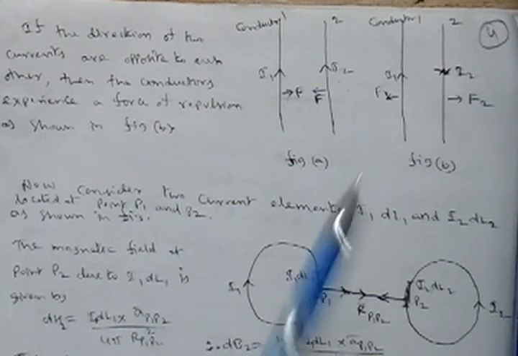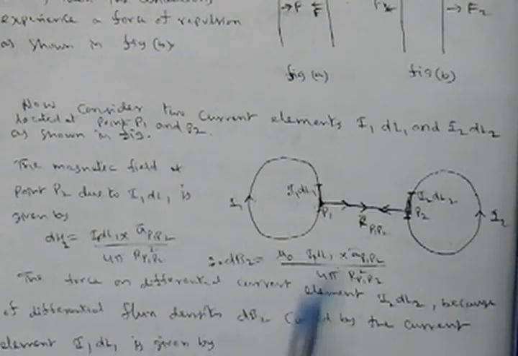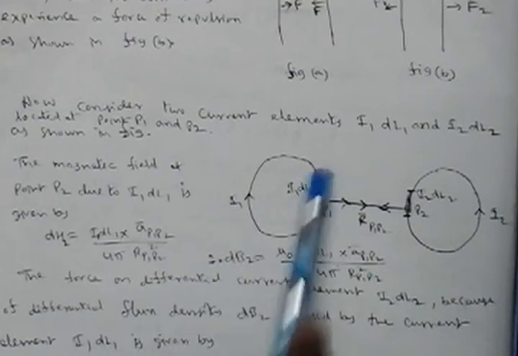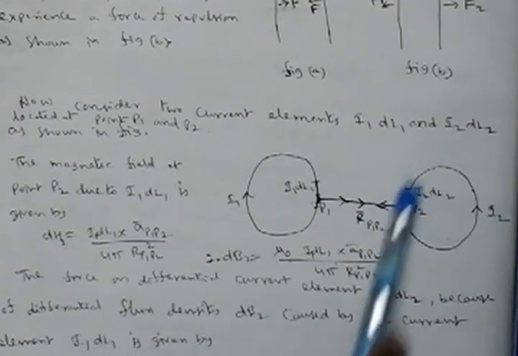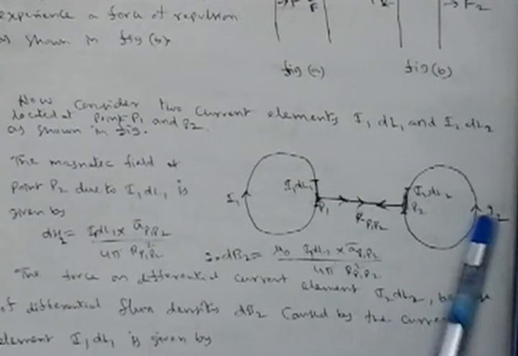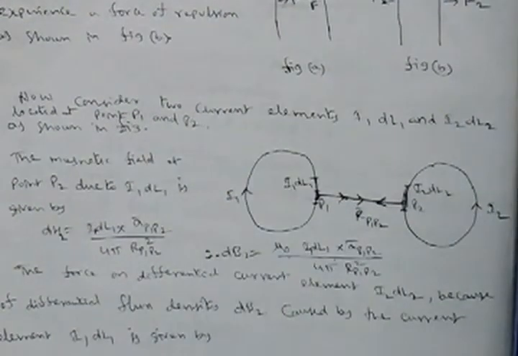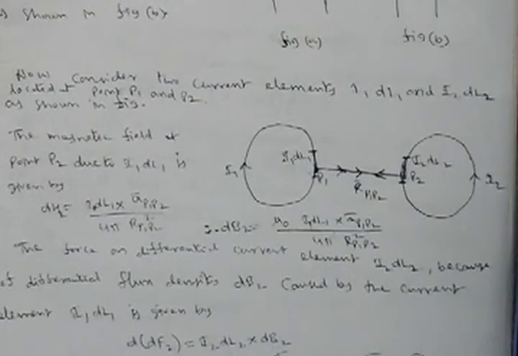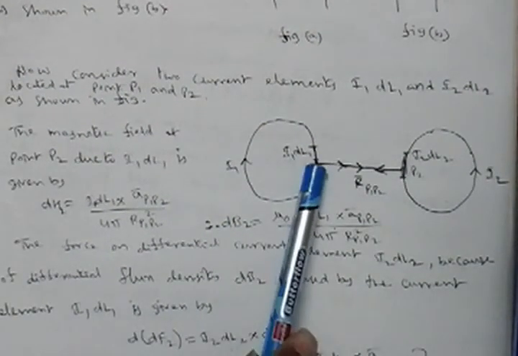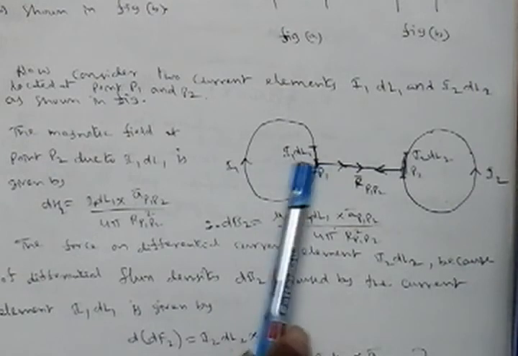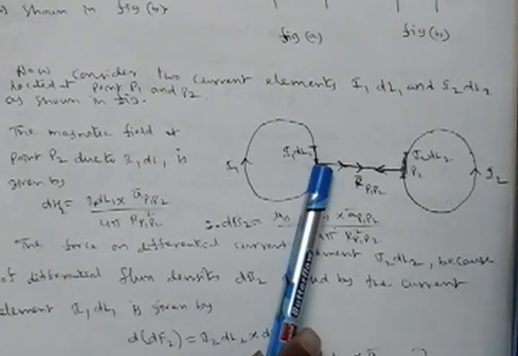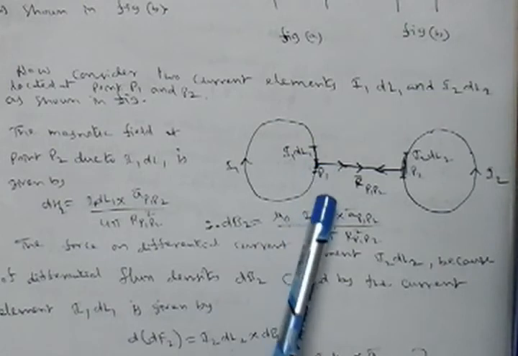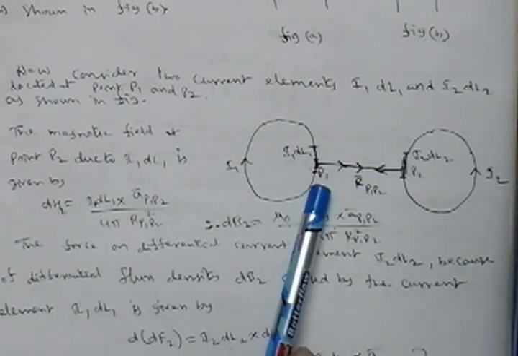Next, the same concept is applied to closed conductors. Consider two closed conductors placed near each other: closed conductor 1 through which the current is I1, and closed conductor 2 through which the current is I2. Both currents are in the same direction, so there will be a force of attraction. To analyze further, we consider a differential length dl1. This is a very small length, so we assume it as a point P1.